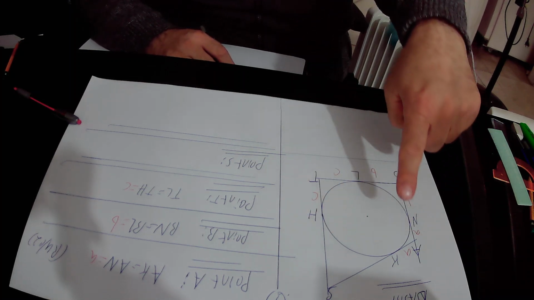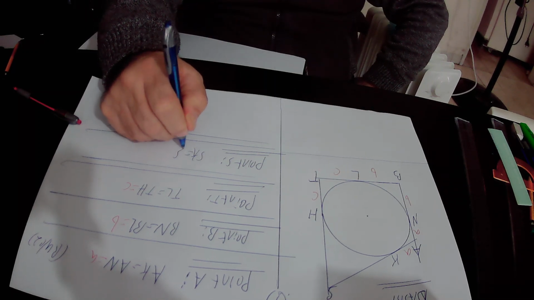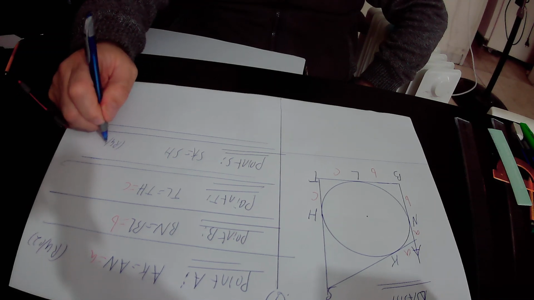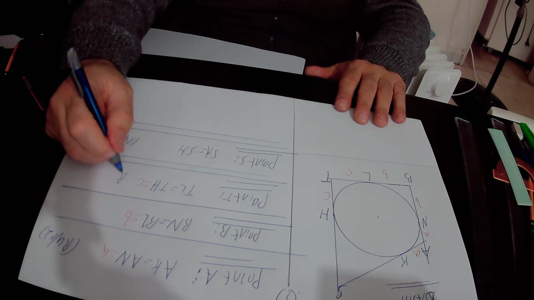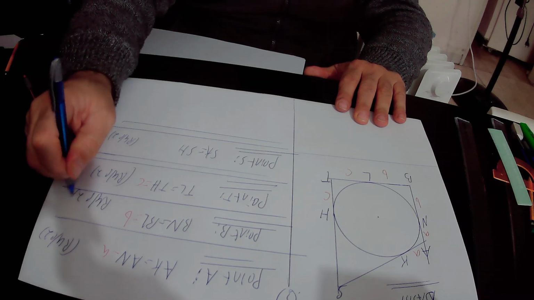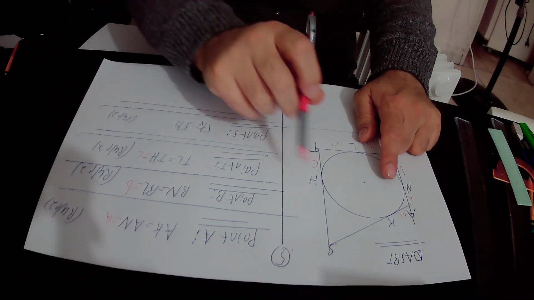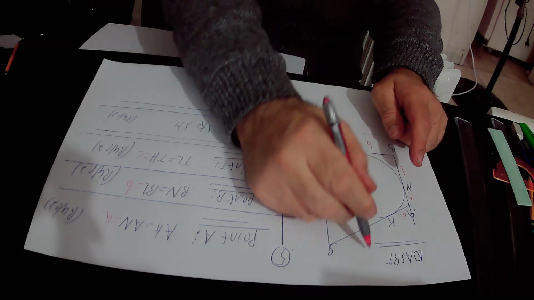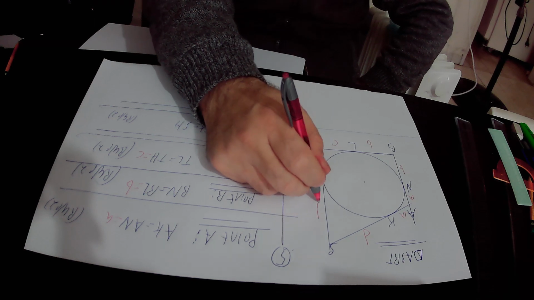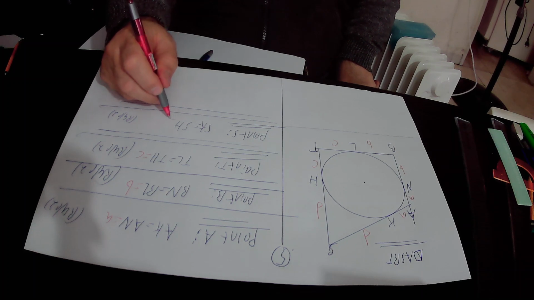That is to say, SK equals SH. If we define the length of SK as D, the length of SH must also be equal to D because they are equal to each other. So we can write down here that SK equals SH equals D.